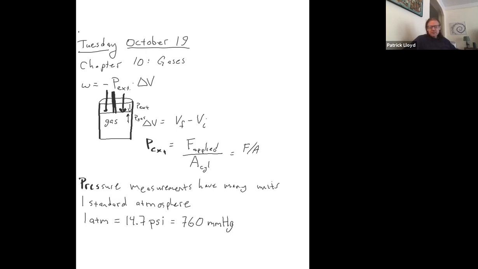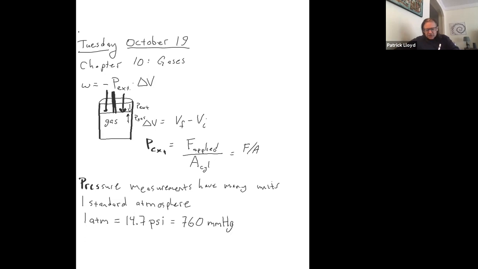I'll talk about that in a moment, but this is another unit, completely different, right? Pounds per square inch, which is force over area, related to millimeters of mercury, which is the height of a liquid. So it's sort of odd, okay?